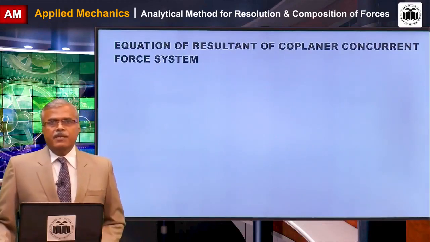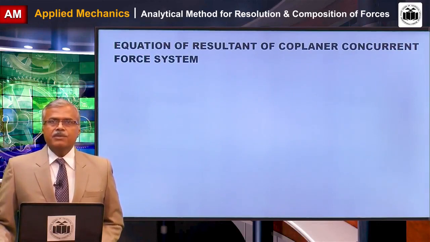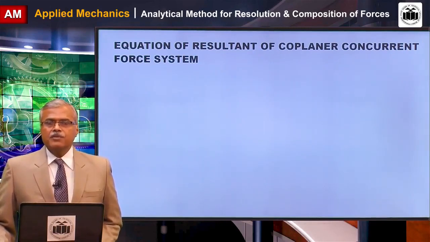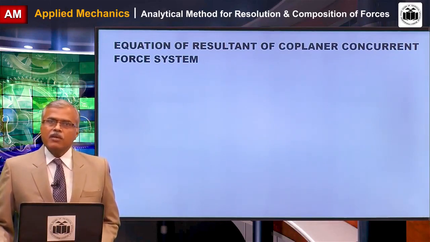Then the next step in this particular topic is related to the equation of resultant of a coplanar concurrent force system. Up till now we have seen the resultant of two concurrent forces and then components of the system, that is oblique component and orthogonal component.